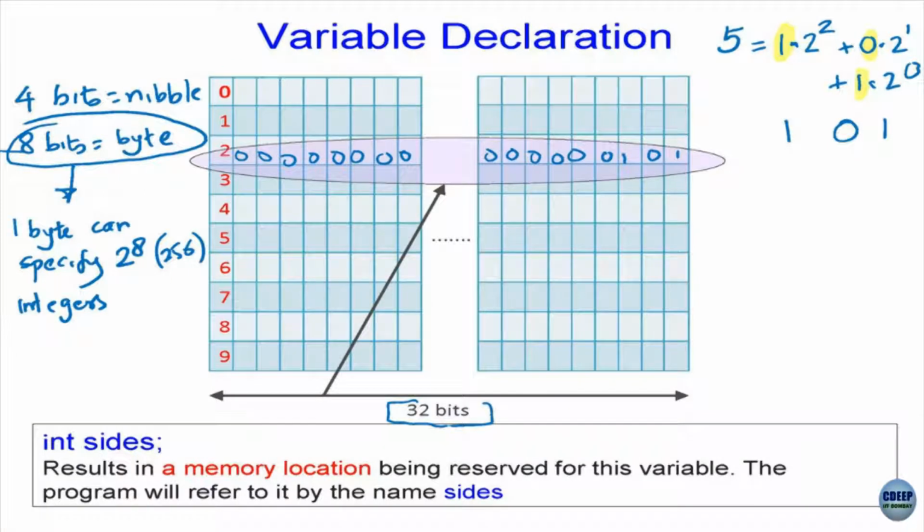And what is 2 raised to 8? 256. Okay. So a byte can specify 2 raised to 8 or 256 integers or values. I'm saying integers, but you could just think of them as values. 32 bits is therefore going to be able to represent 2 raised to 32 values.